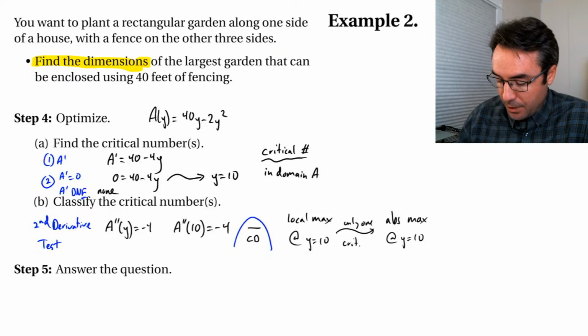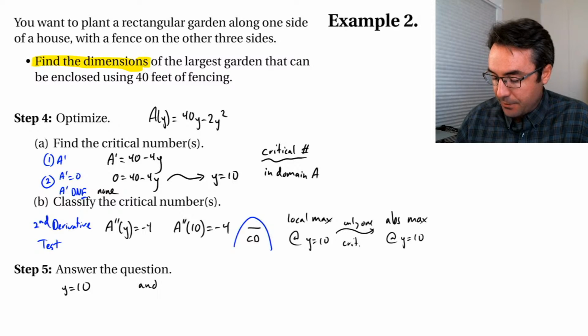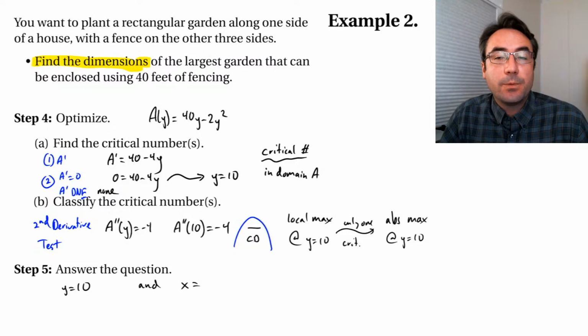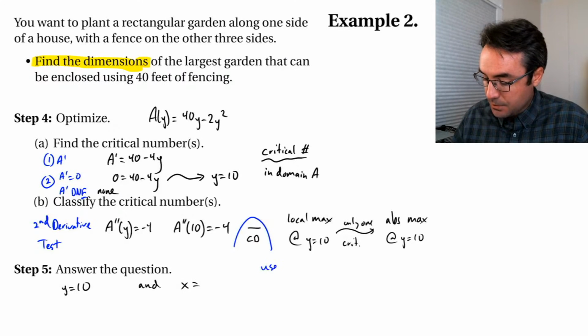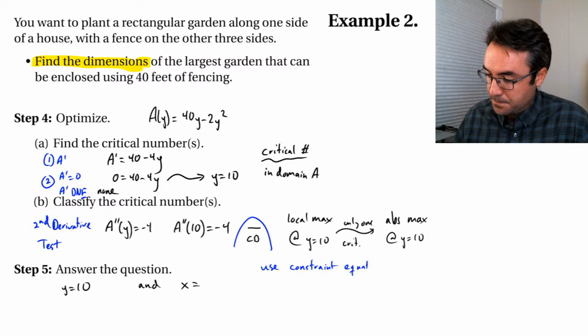So we know y is equal to 10. And we want to figure out what x is. And that's where we use our constraint equation. So we're going to use our constraint equation to figure out x. So we know x was equal to 40 minus 2y.